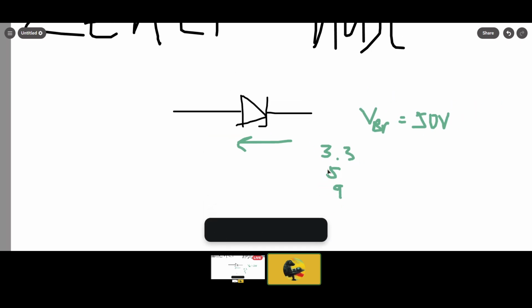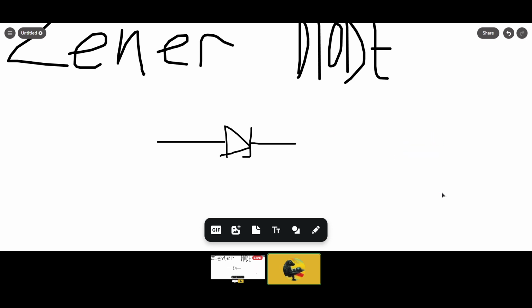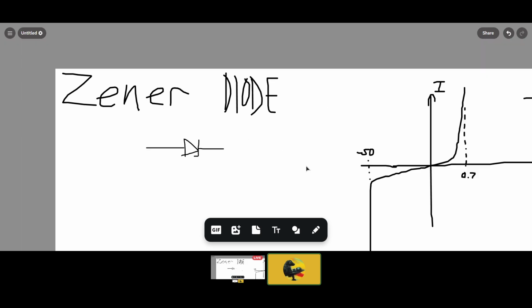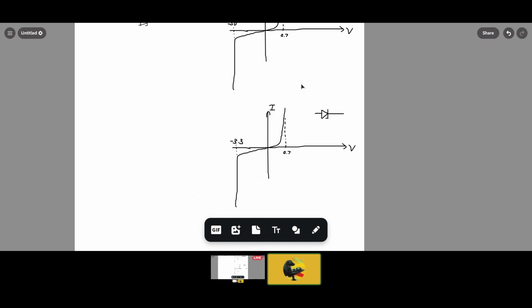It's a very small voltage, basically. So the breakdown voltage is very small, and the diode is built to withstand these kinds of opposing currents. So why is it just a worse version of the normal diode? There are functions to this, but let me go through the specifics here.